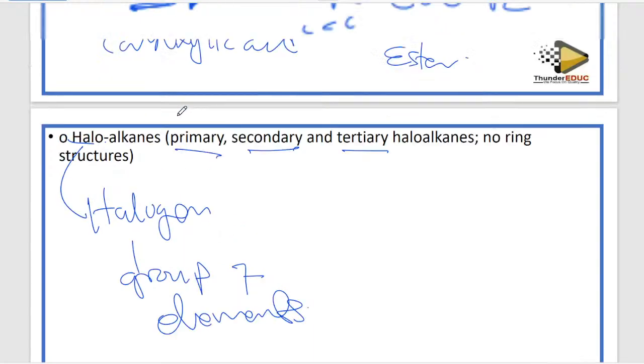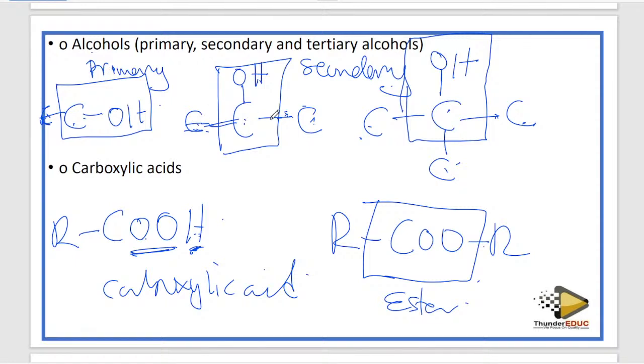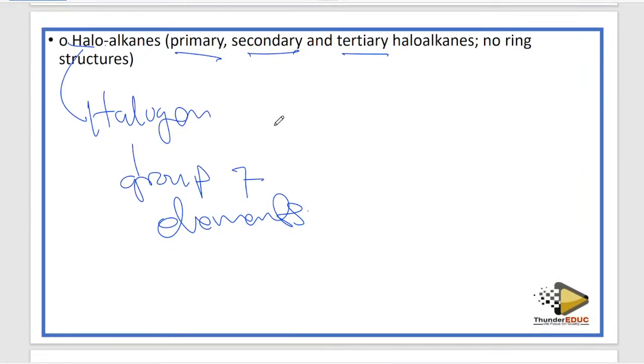What does it mean? It looks like alcohol, but in this case, I will replace this OH with a halogen. Remember, in group 7, the elements we talk about are fluorine, chlorine, bromine, and iodine.